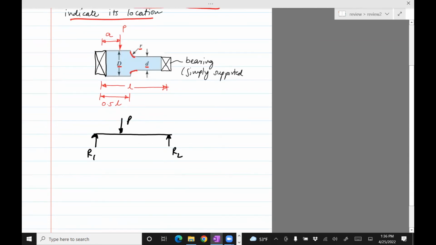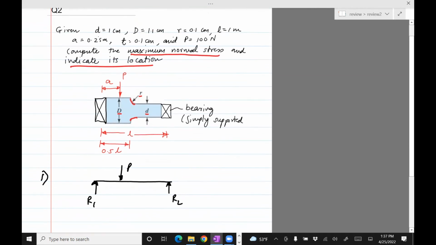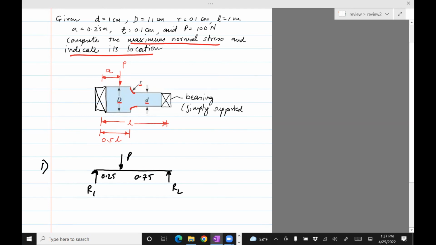Okay, so first step. This problem is very similar to the previous problem in the sense that it asks for the same thing, except that now we have a different geometry with stress concentration. So we use the same recipe. First, compute the reaction forces. This is at a distance of A, and A is 0.25 m, but L is 1, so it's 1/4, so 0.25 and 0.75.